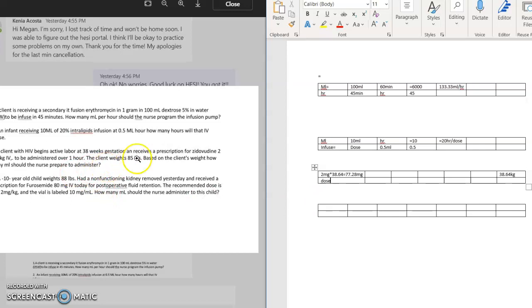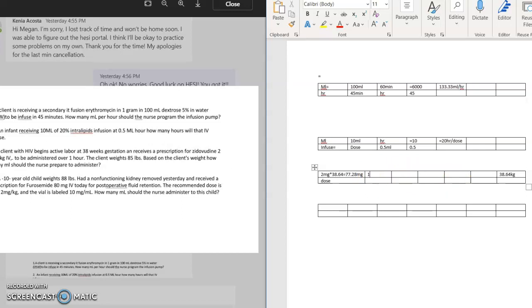So the patient's 85 pounds, okay. It says, based on the client's weight, how many milliliters should the nurse prepare? But if you look at this question, we don't have any milliliters at all. There's nothing to put into the question. So we're definitely missing a component. Let's just say, for instance, the pharmacy sends up a 10 milligrams per milliliter bag.